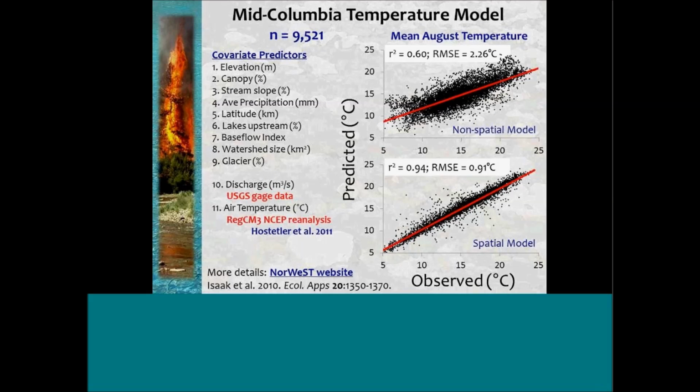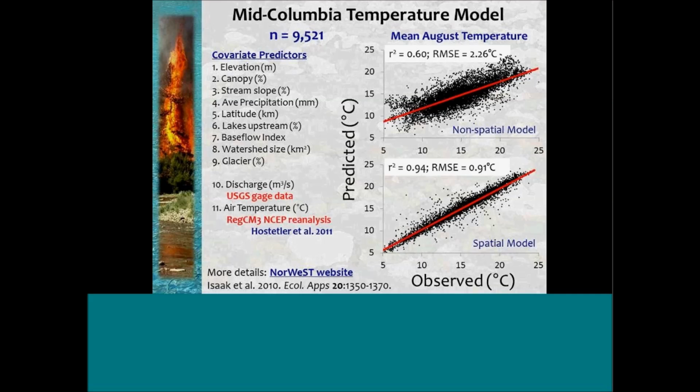Okay, so this set of graphs represents a contrast between the model performance we'd get out of fitting that Mid-Columbia database with a standard set of non-spatial techniques. The scatter plot in the upper right is just a multiple regression model that can be quickly done, say in Excel.